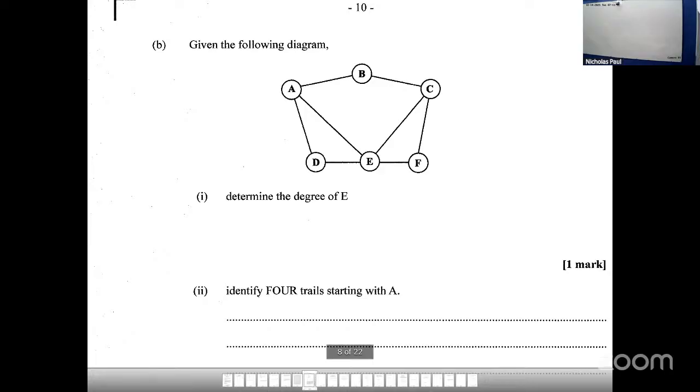But I want to tell you what is also a trail, right? If we go A, D, E, F, C, back to E, then back to A, that is also a trail, right? We are allowed to go through a vertex more than once.